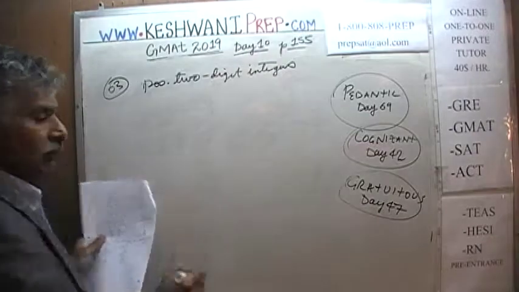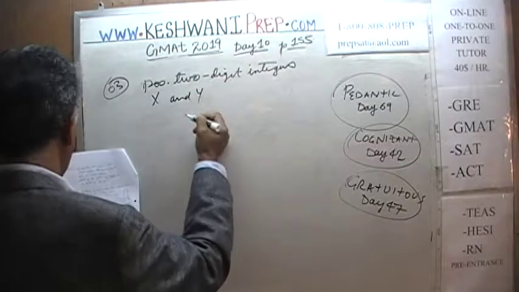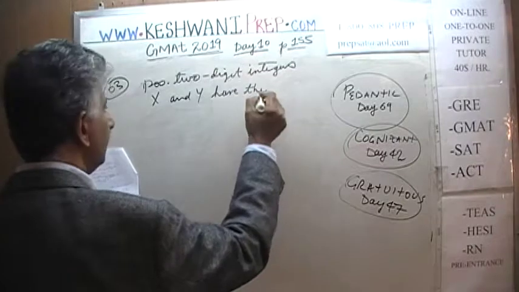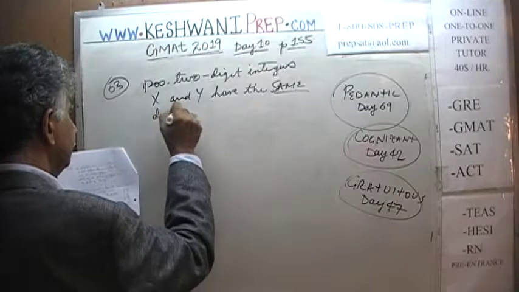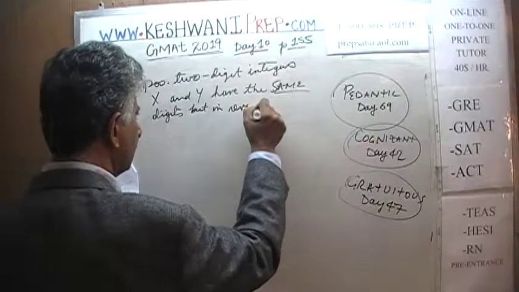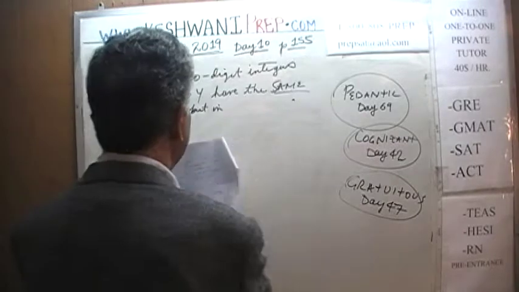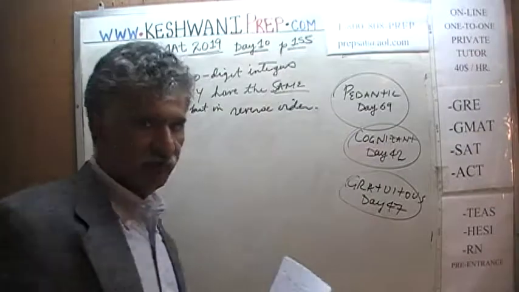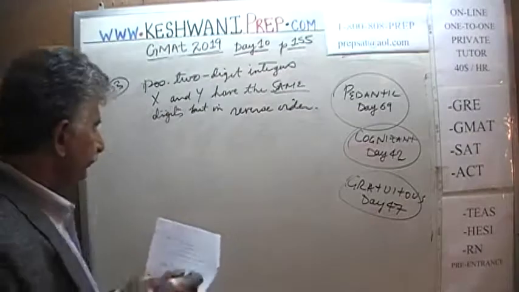We have two positive integers, x and y, and we are told that they have the same digits, but in reverse order. My handwriting is atrocious, but in reverse order. In other words, if one is 73, the other one is 37. If one is 21, the other one is 12. You get the idea.